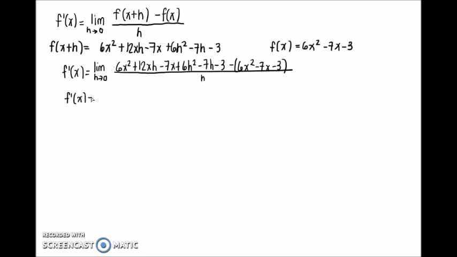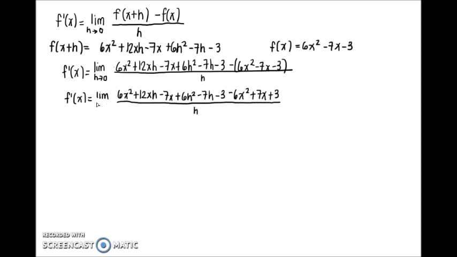So we will have the limit of, copy ulit natin. All we have to do is distribute the negative. So negative 6x squared, positive 7x, positive 3. All over h. As h approaches 0.